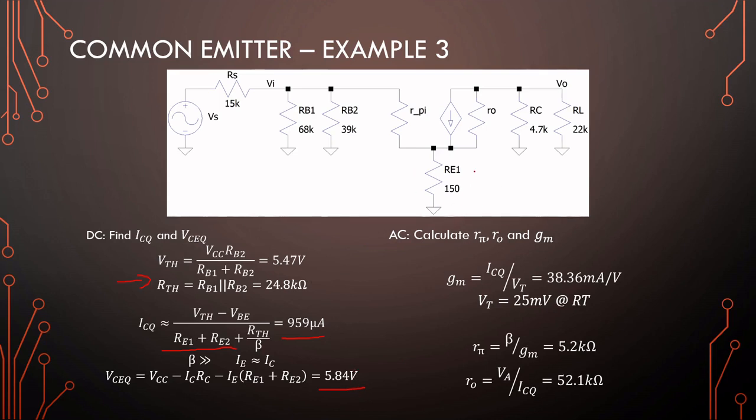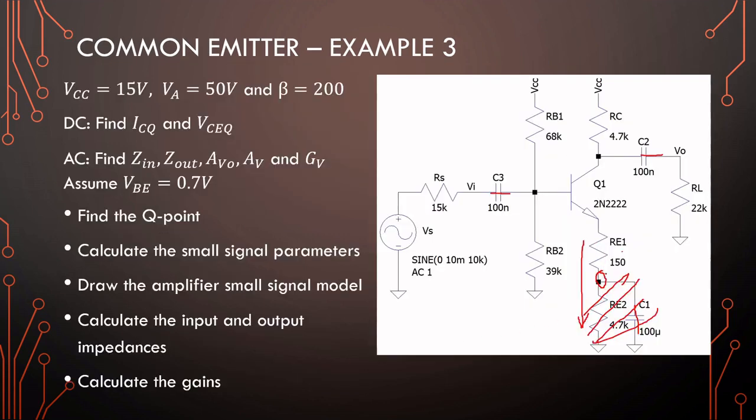There are ways that you don't have to deal with this emitter resistance in the DC bias, and that is by placing these two in parallel with one another, and the capacitor and RE1 should then be in series with one another.